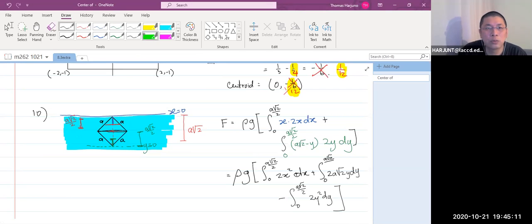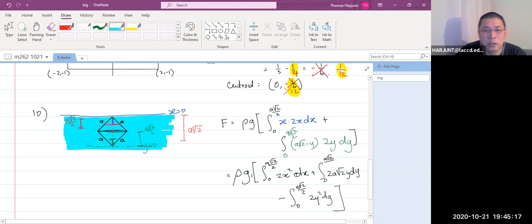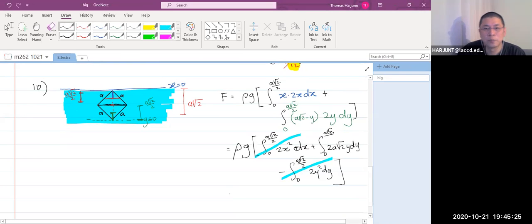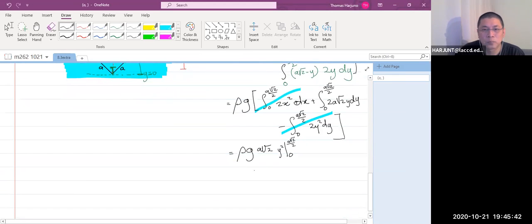Now these two cancel each other. So I get rho g times a radical 2 y squared from 0 to a radical 2 over 2. That's rho g a radical 2 a squared over 2.